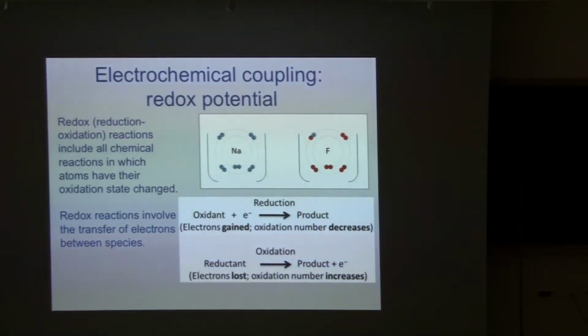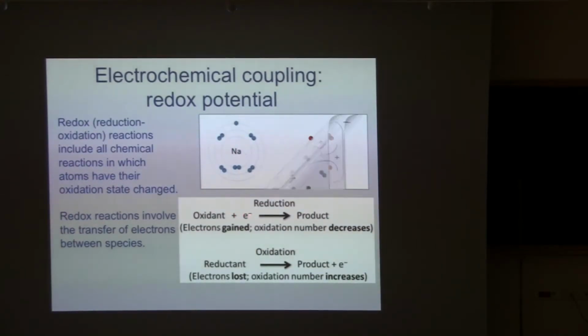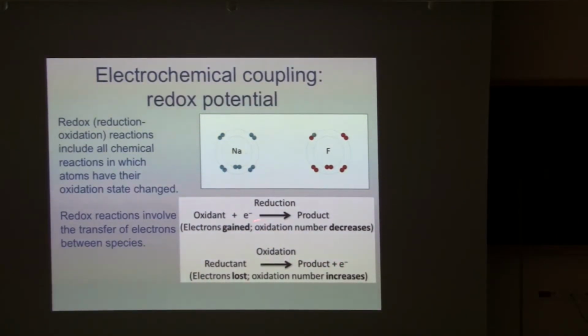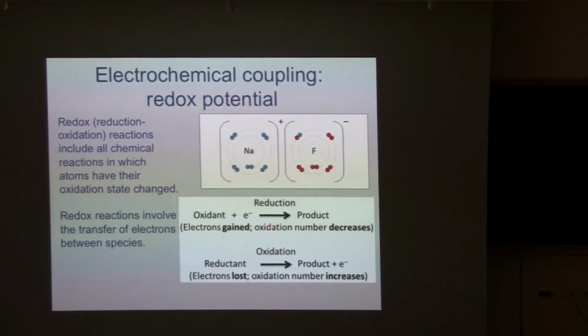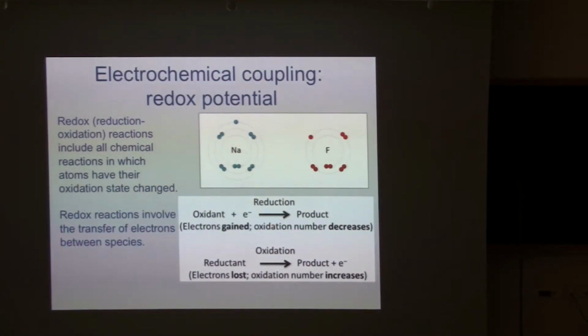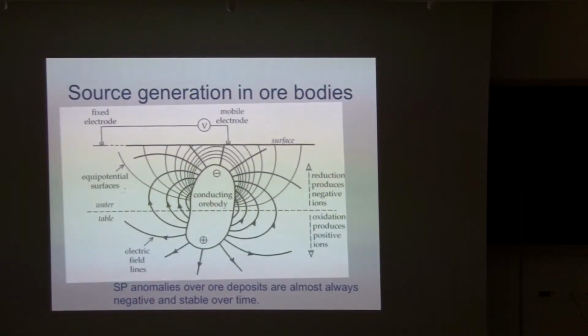Then we have the redox potential contributions here. When we have reduction, we essentially take up an electron, and when we have oxidation, we're going to produce an electron. And the electrons will not like to be there by themselves, so you have reduction and oxidation always occurring at basically the same time. So this is a coupled process, and they will occur at different locations ideally.